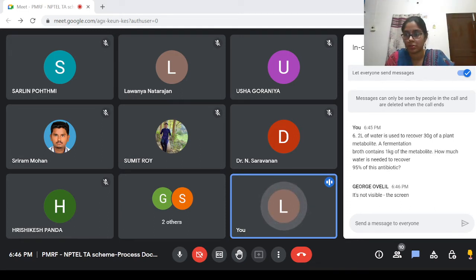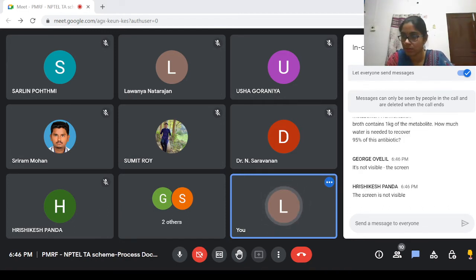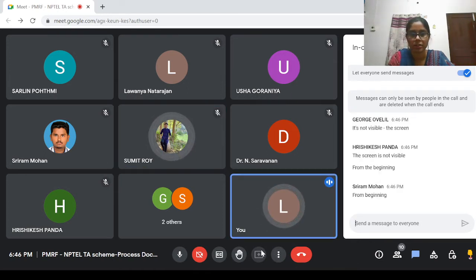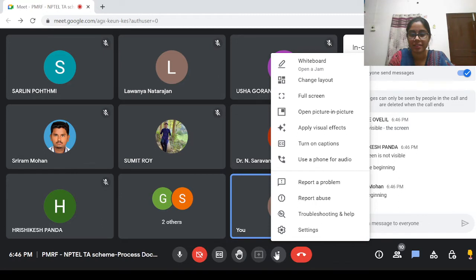So, 2 liters of water. Oh, for how long has it not been visible? Just now, or from the beginning? Oh my god, you should have told me this. So my meet screen is visible, but the PDF is not visible.